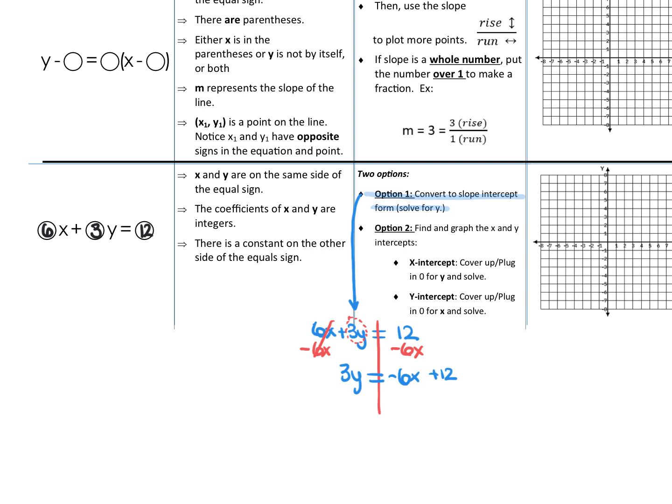Again, my goal is to solve for y. The y is not by itself, so I'm going to circle y. Y is chilling with 3, and they're multiplying, so I'm going to divide every single piece by 3. Y equals, type negative 6 divided by 3 in your calculator, negative 2x plus 12 divided by 3 in your calculator.